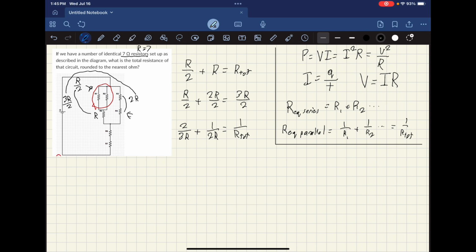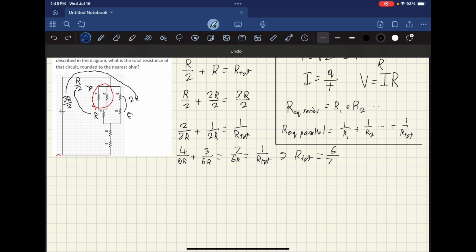Common denominator between 3R and 2R is 6. So we get 4 over 6R plus 3 over 6R. This is going to be 7 over 6R. And then remember, this is 1 over R total for our part of the circuit there. So we invert both of them, and we get that our R total equals 6 over 7R.